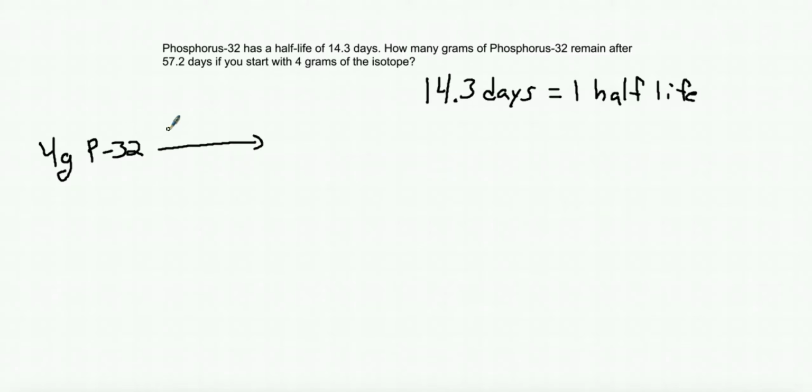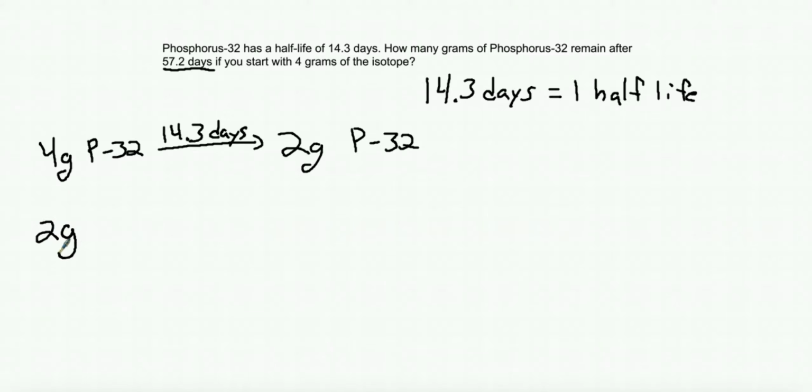Now after 14.3 days, a half-life will pass by, meaning we're going to have half of that 4 grams. So we have 2 grams of phosphorus-32. Now we're looking for how much is left after 57.2 days. Only 14.3 days have passed by, so we need to wait even longer.